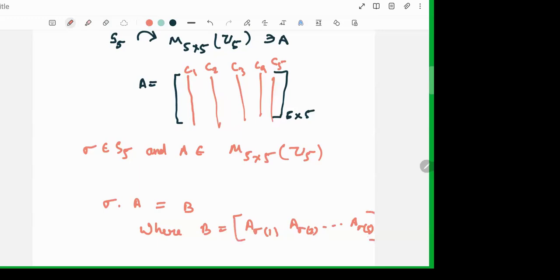Let's write this as A1, A2, A3, A4, A5. So it permutes columns basically. Is the action clear to you or not?